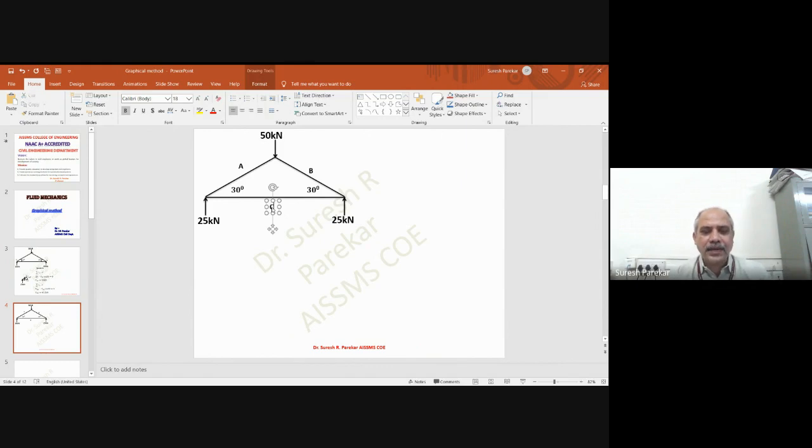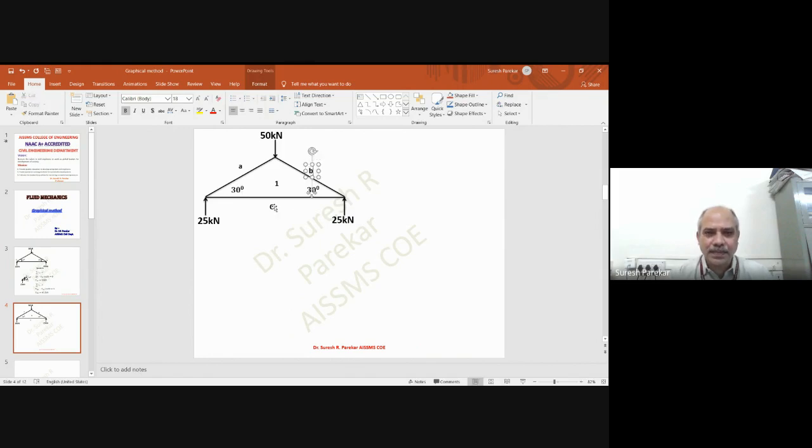And then the space between this 25 kilonewton and this member, between this member and this, we will show it as 1. I will make this small, because we have the members as capital.